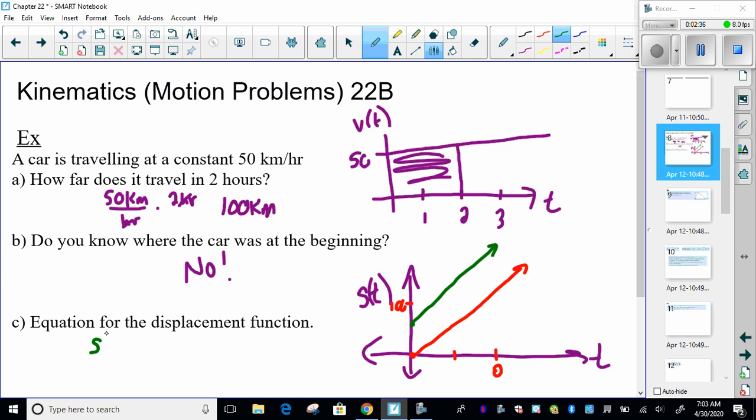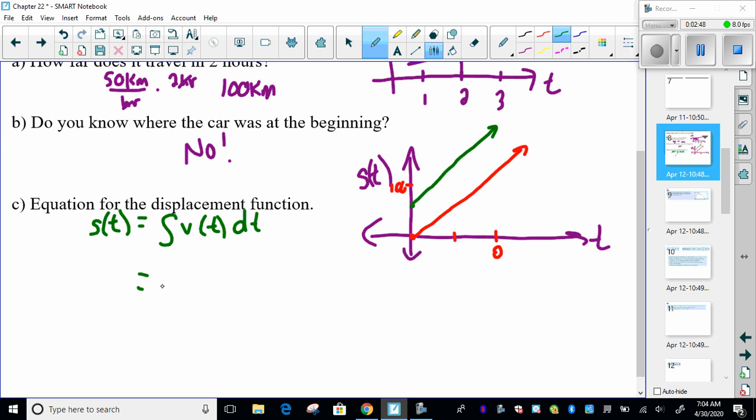Therefore, our position, S of t, is the integral of v of t with respect to t, which means it is the integral of 50 dt, which is 50t plus c.